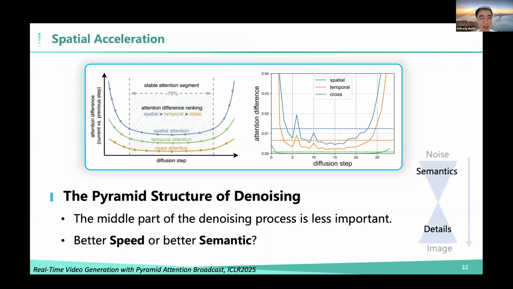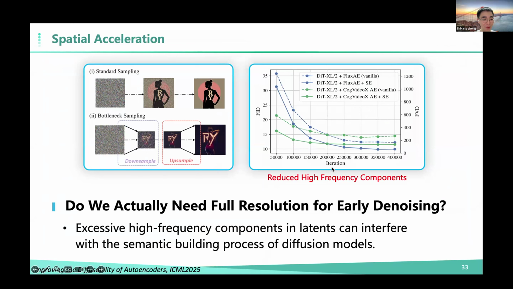Until recently, I read a paper called Improving the Diffusibility of Autoencoders. What this paper tries to do is regularization after the VAE compresses the image or the video into latent.